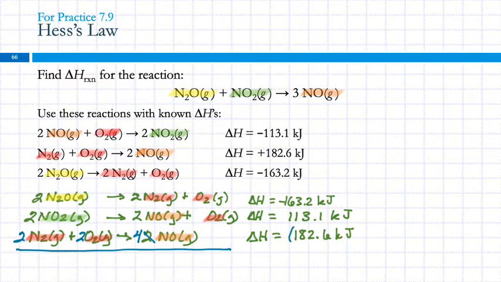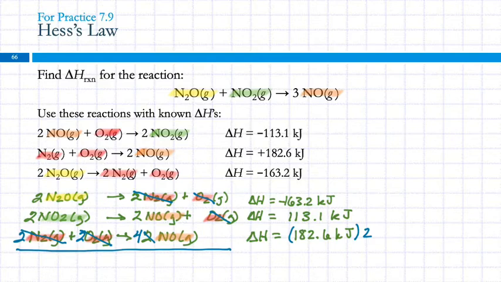And then I have to multiply delta H by 2 also. And now 2 N2s on each side, those are going to go away. I've got 2 oxygens here, and I have oxygen and oxygen, 2 oxygens there, so those are going to cancel out.